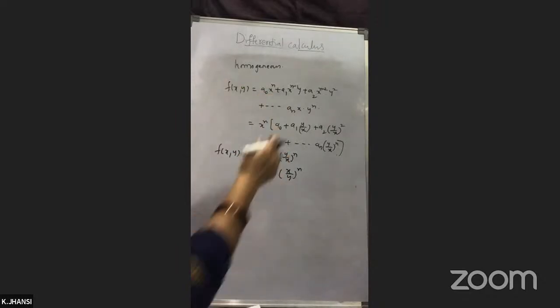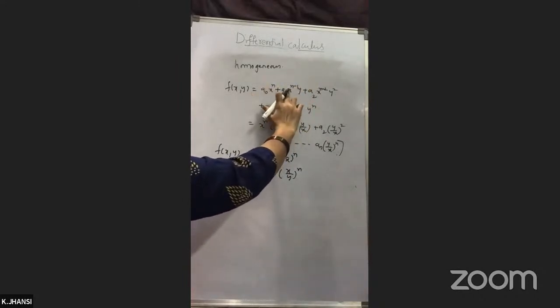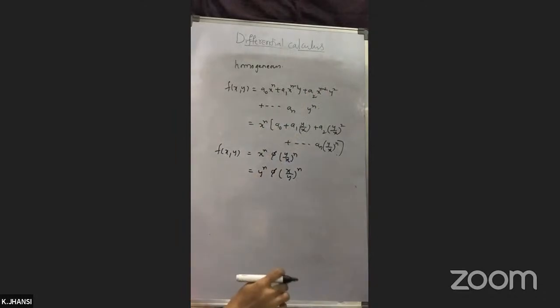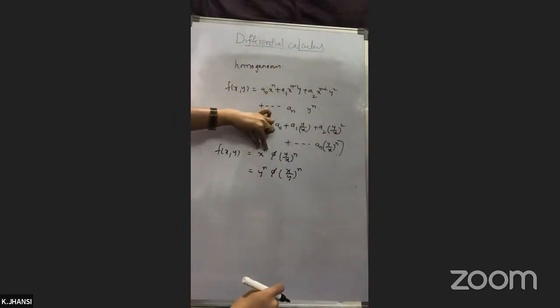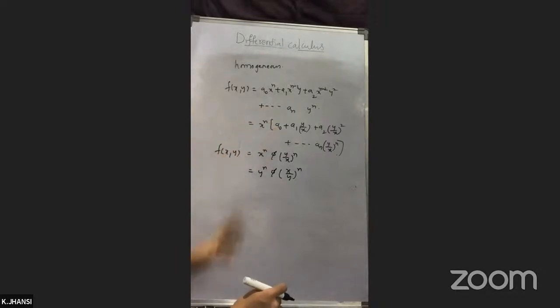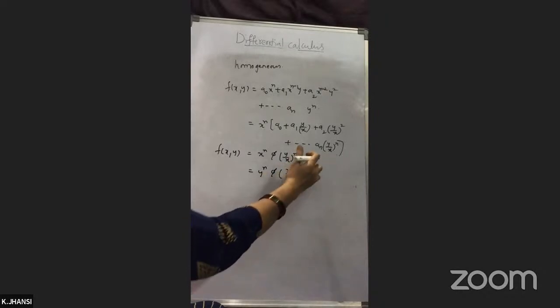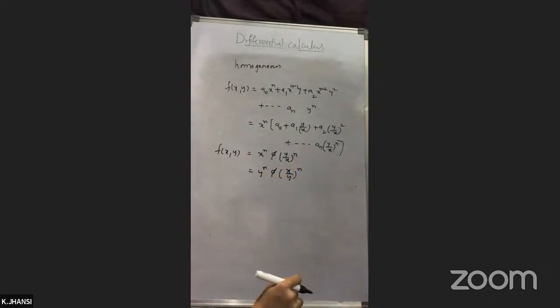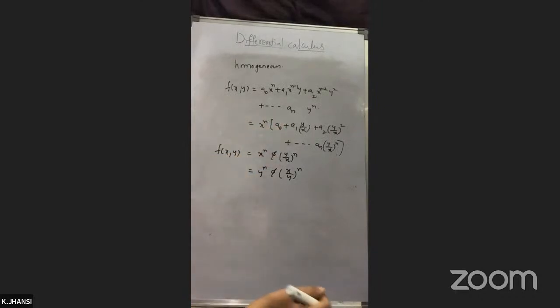From this, we take y to the power of n common, and it will be in the form of x by y. Such two conversions are called a homogeneous function, and whatever the n value is there, it is called the degree of the homogeneous function.